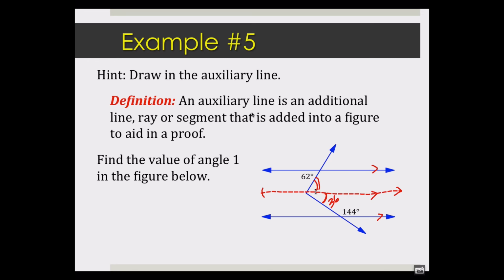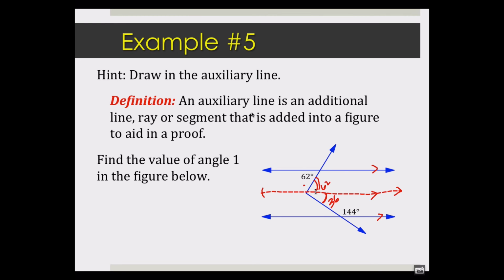118. Why 118? Because if you subtract 180 by 62, you get 118. Yes and no. This angle would be 118, but I'm looking at that angle. No? Megan, you started this mess. 62.